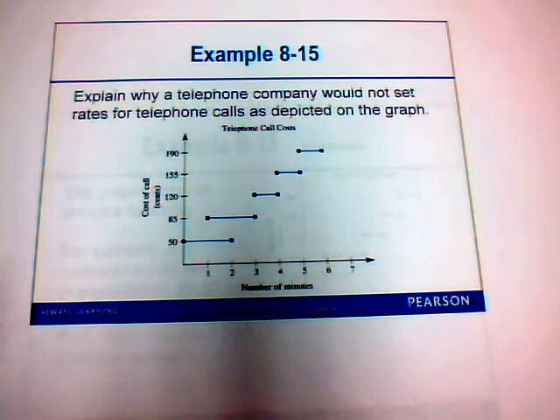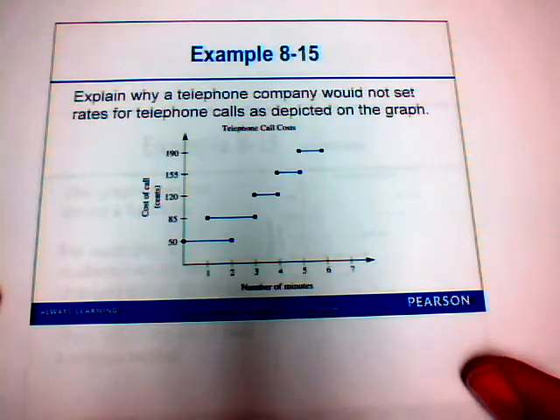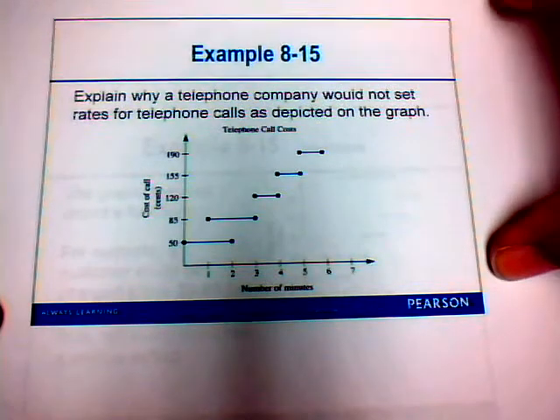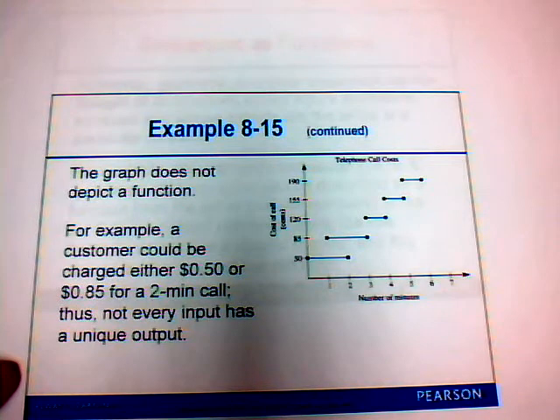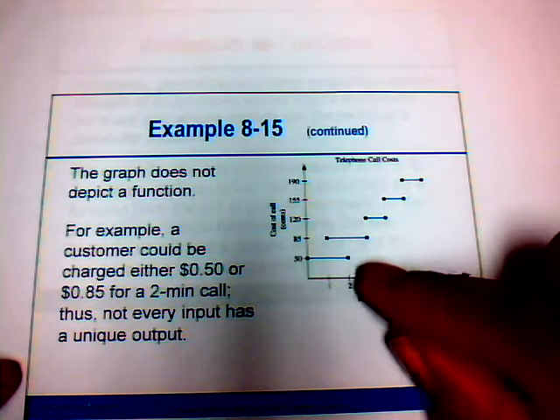Now explain why a telephone company would not set rates for telephone calls as depicted on the graph. All right, and here's the reason why. The graph does not depict a function. For example, a customer could be charged either 50 cents or 85 cents for a 2-minute call.